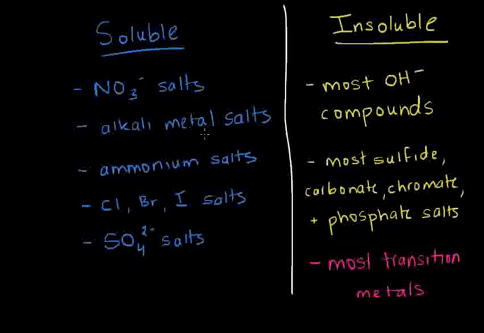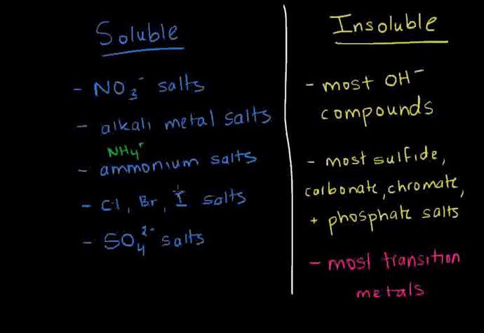Most of the time, anything containing an alkali metal as the cation in salt form, which just means it's bound to an anion, is soluble. Similarly, ammonium salts, remember that ammonium is just the polyatomic ion NH4+. Any ammonium salt is generally going to be soluble, so it's not going to form a precipitate.